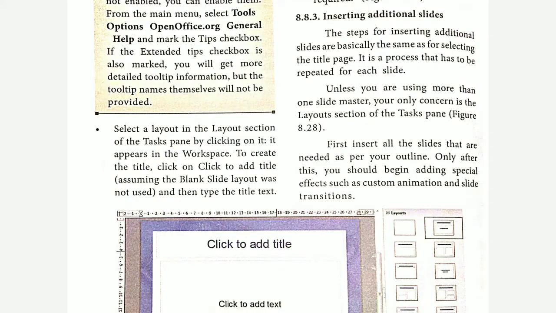Only after this should you begin adding special effects such as custom animation and slide transition. So if your presentation consists of 10 slides, then you first create all 10 slides, and only then add your special effects, custom animation or slide transition.